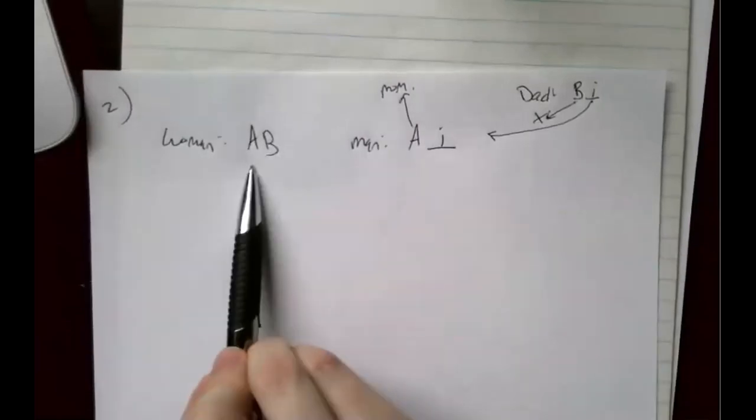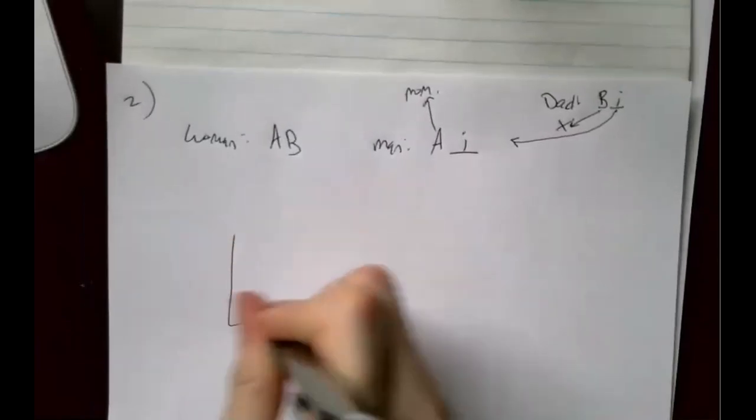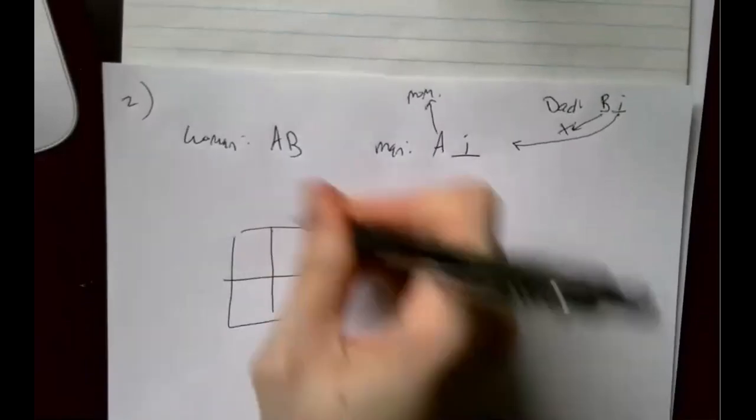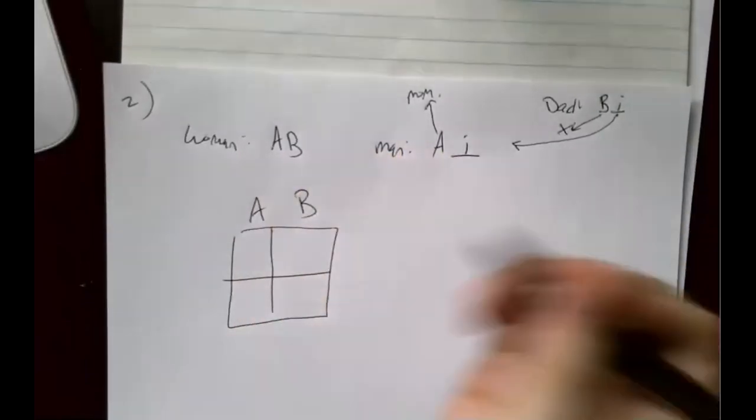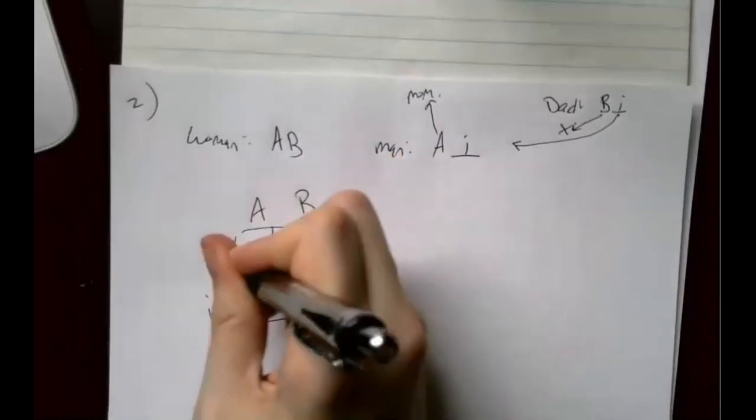So we kind of have to work backwards between the dad and the man to figure out what the man's genotype is. Then we can figure out what the chances of these guys' children being type B is. So we'll do our Punnett square, set up the woman as AB, the man is AI.